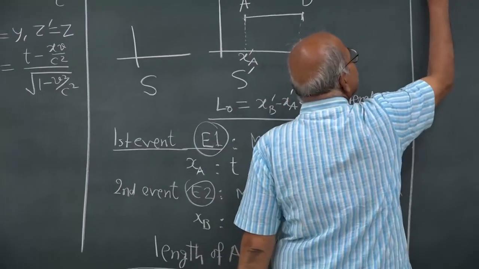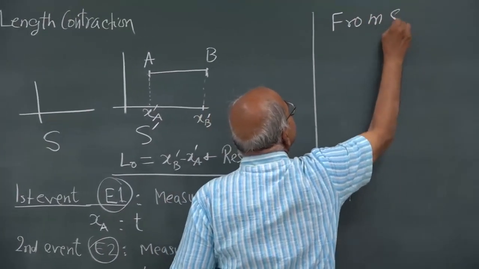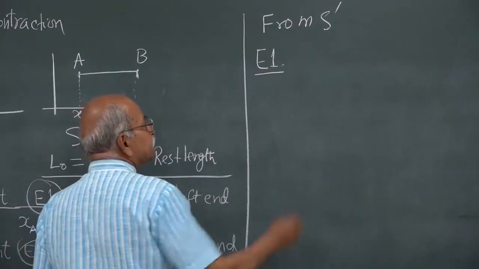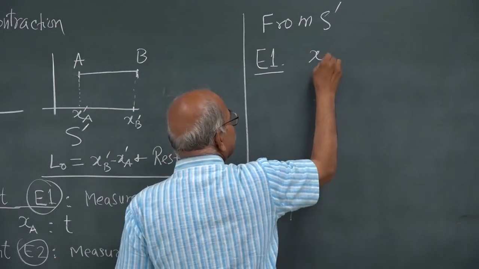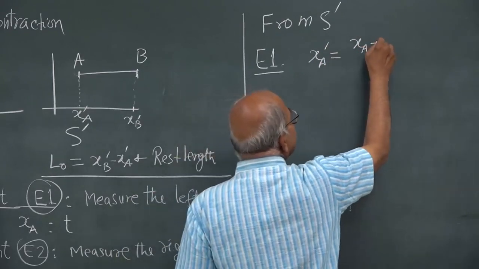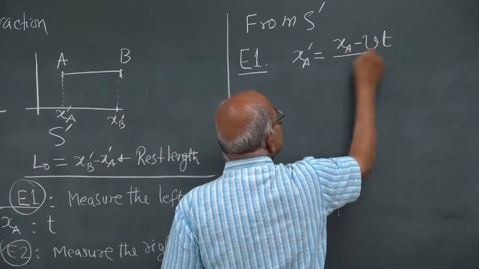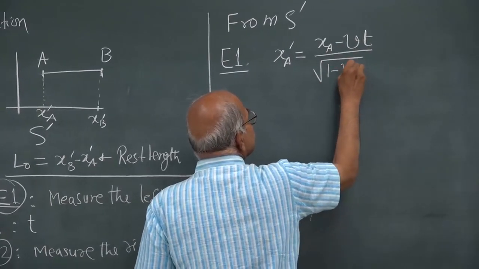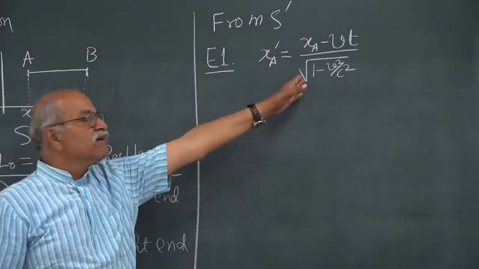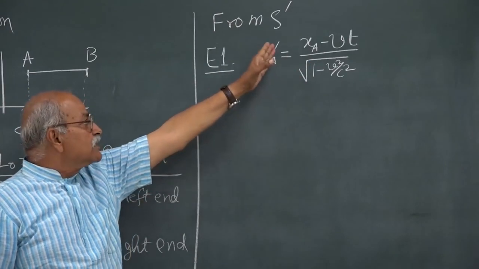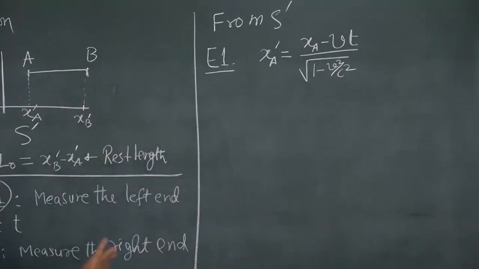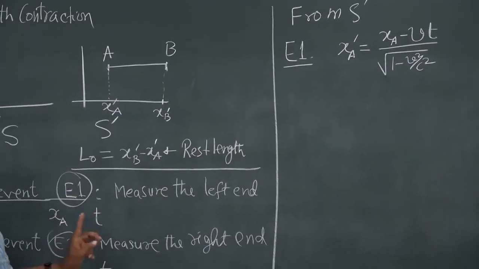So, for event E1, what is the coordinate? This will be x A prime, which will be x A minus v into t, divided by square root of 1 minus v square by c square. That is the Lorentz transformation: x prime is x minus vt divided by this factor. So, x A prime will be given by x A here and then minus v into t. So, this is E1, x A here and t here.